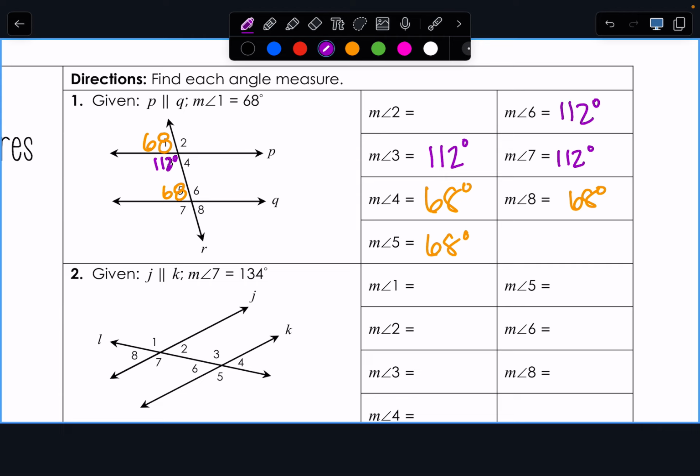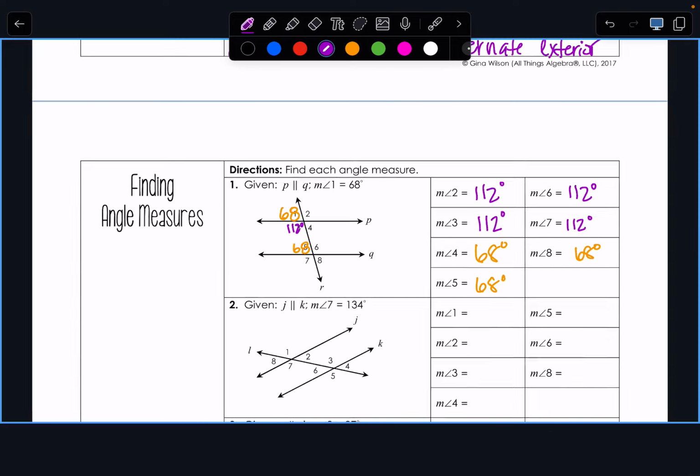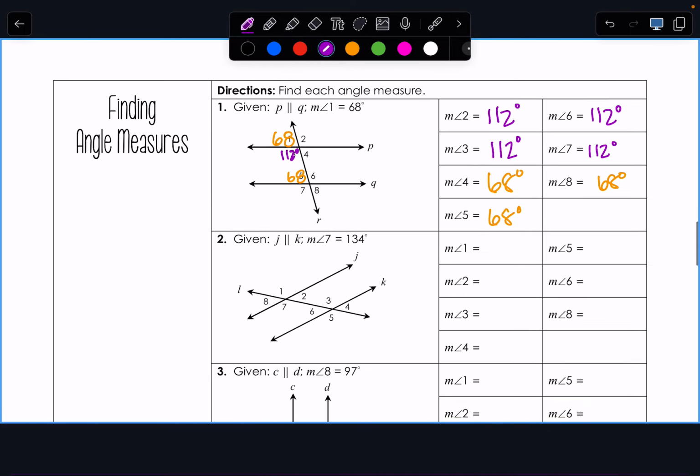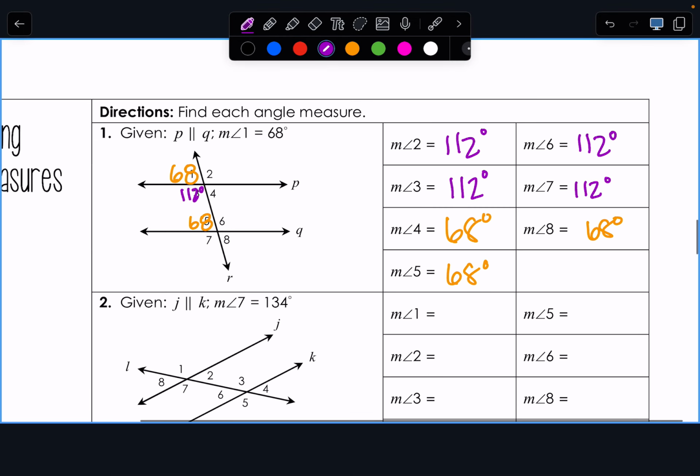And we know that angles 3 and 2 are vertical, so they have to be the same. Okay. I know that it's going to be easy to find one to get the rest, but I do need you to be able to understand the vocabulary and all of those relationships. Okay.